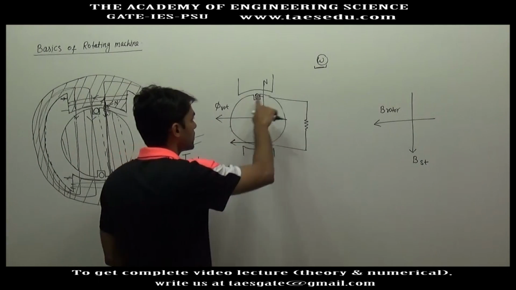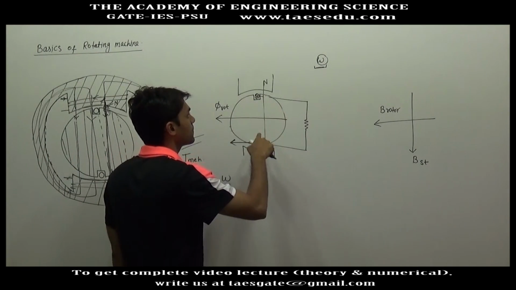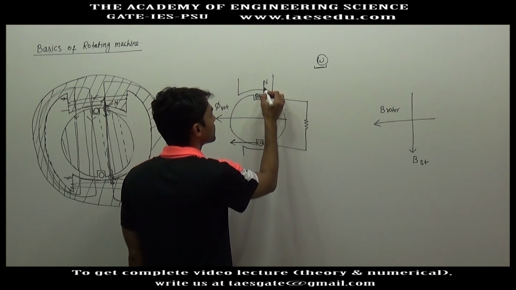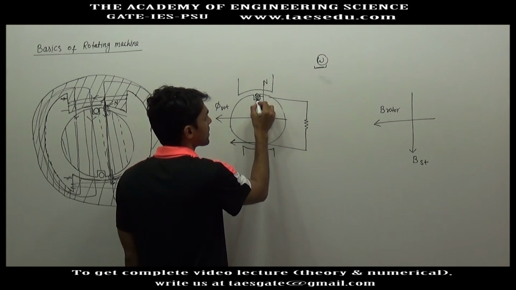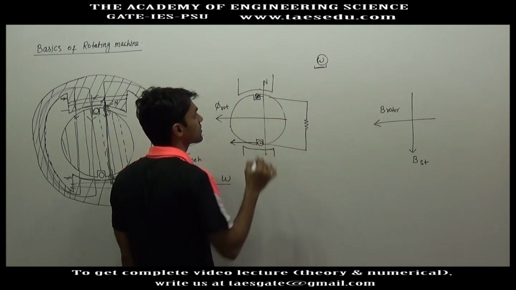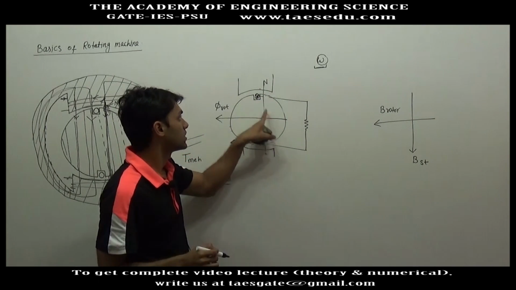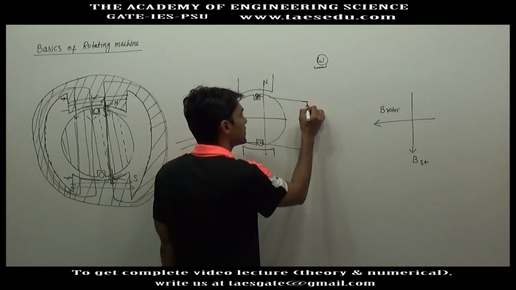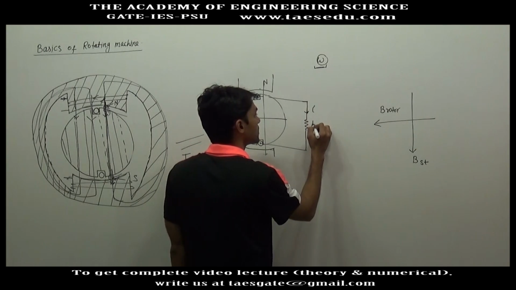Okay, and if it is rotating with speed omega, there will be a relative motion between the magnetic field and the charges on the conductor. So there will be a current, and if there is a current, it has some resistance.